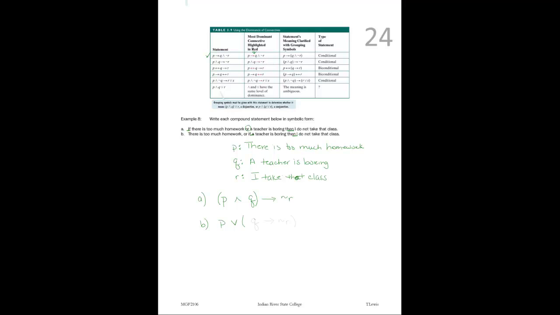If a teacher is boring, we call that Q. Then I do not take that class. So we say not R. We're negating R, R being what we already set up originally, I take that class. So here are our symbols that represent each compound statement.